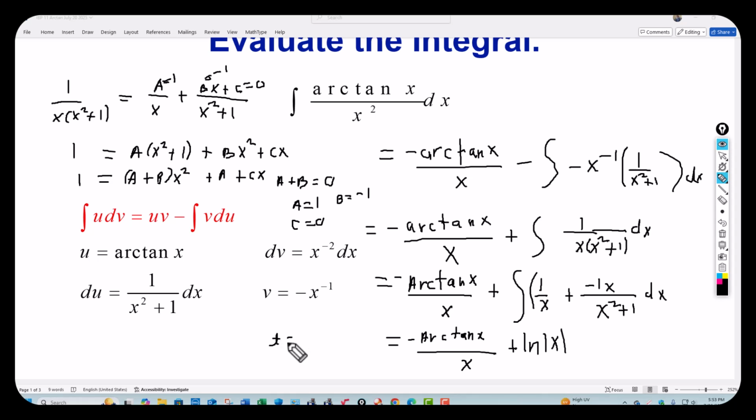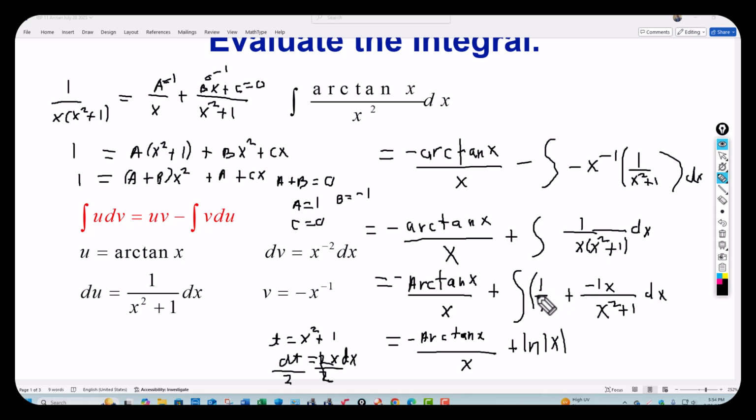Say let t equal to x squared plus 1, so your dt would equal to 2x dx. Divided by 2 here, this would cancel the 2, so x dx would be replaced by dt over 2. You'd have the 1/2 in front, and it would actually be dt over t.